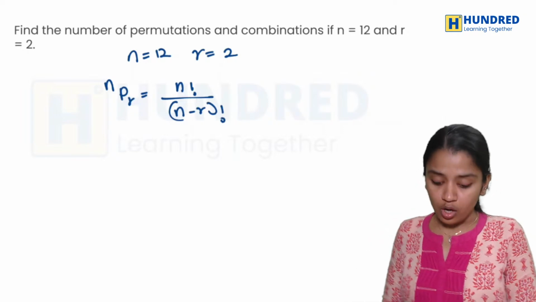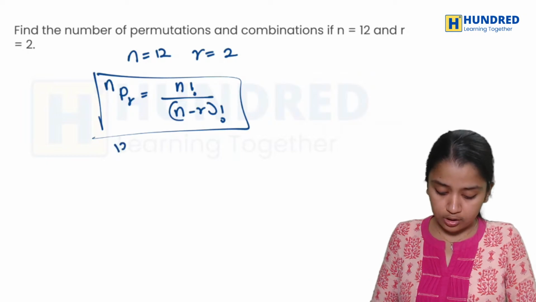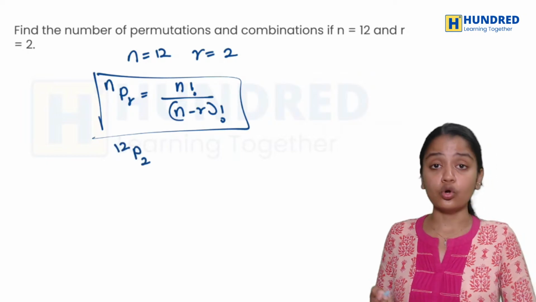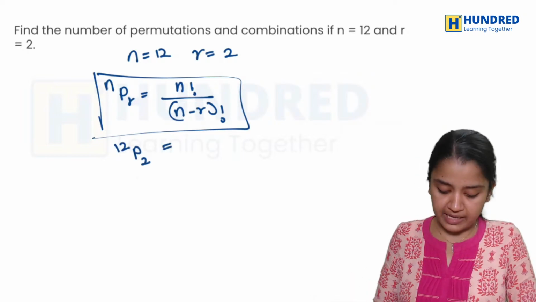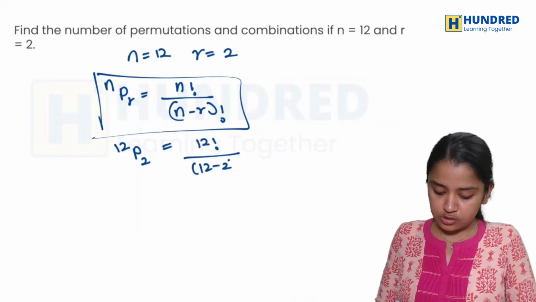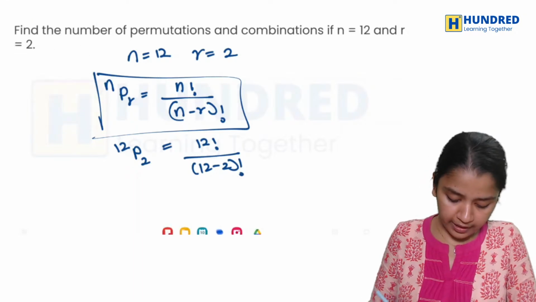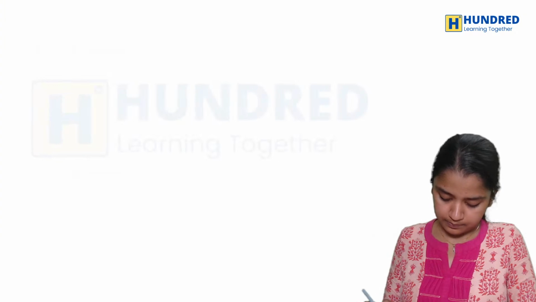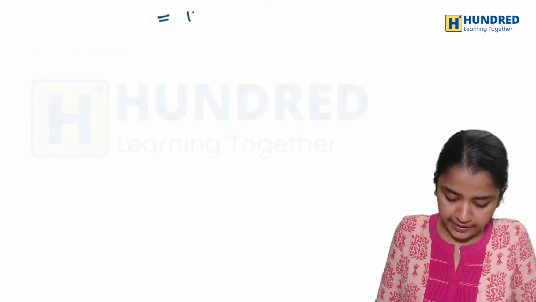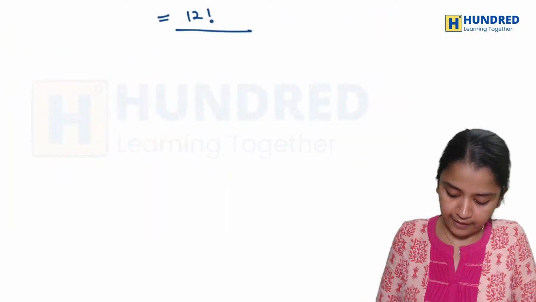Now this is my formula. So I'm taking 12P2. So 12P2 is basically 12 factorial by (12 minus 2) factorial. So when I further do it, this will be 12 factorial divided by 10 factorial.